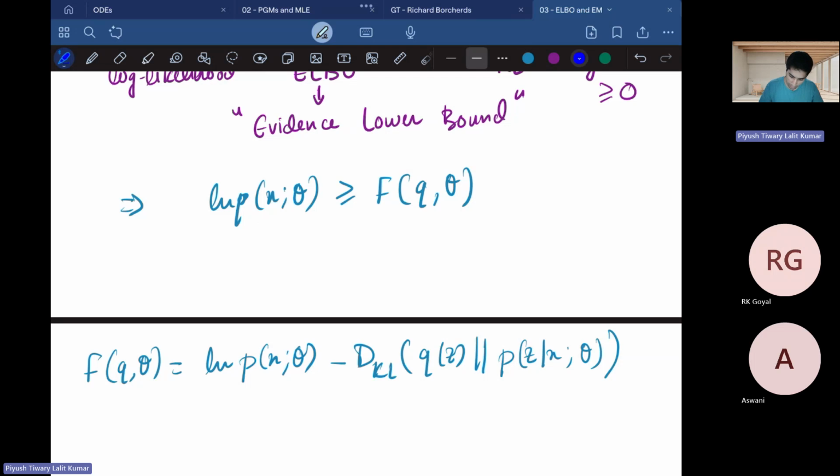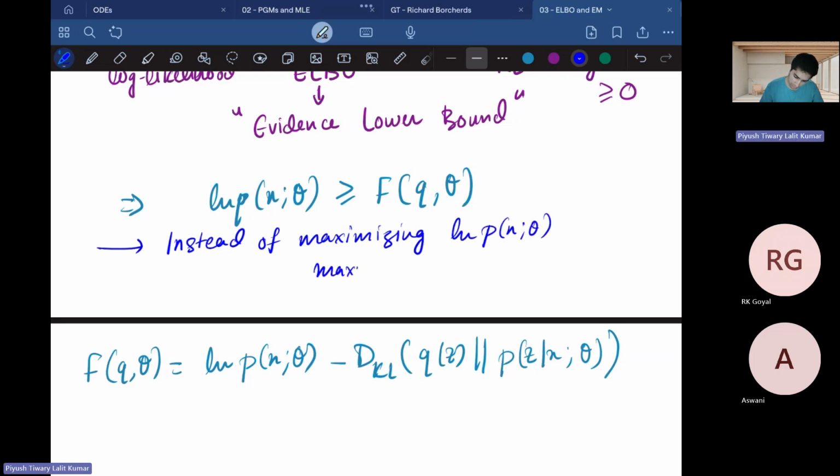Maybe I should write it down. Instead of maximizing ln p of x given theta, we will maximize F of q comma theta. This is what your ELBO allows you to do.